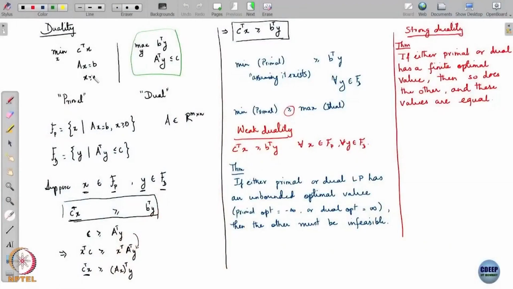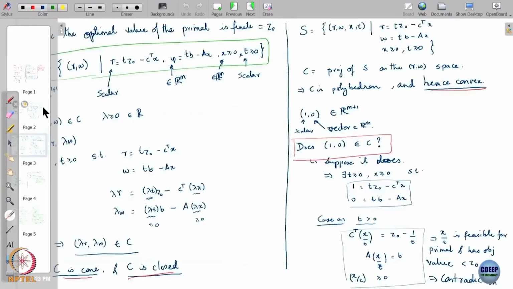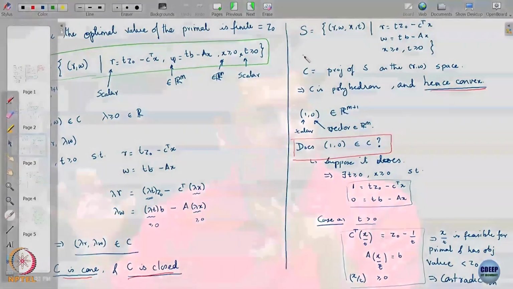Now, I have not taught you Lagrange multipliers as yet for inequality constraints and so on. So, we will come to that, but it will become evident very quickly. But essentially, the thinking behind this is to capture the problem in both the space of the primal as well as the dual, meaning both in the space of the decision variables as well as in the space of the constraints. There are many different ways in which such sets can be constructed, and they all lead you to duality type theorems like this.